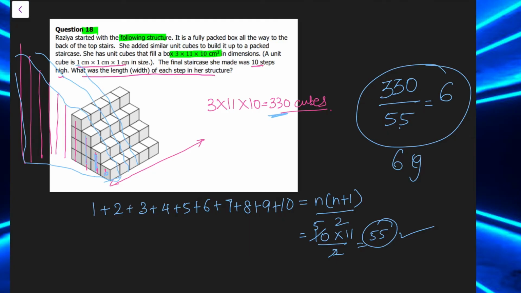So that means we can do 6 layers. So already in the diagram we can see 1, 2, 3, 4, 5, and that means we can build another layer here, and that will use all of the 330 cubes. So the answer is 6. That means 0, 0, 0, 6. This will be the answer that you'll type in the answer sheet.